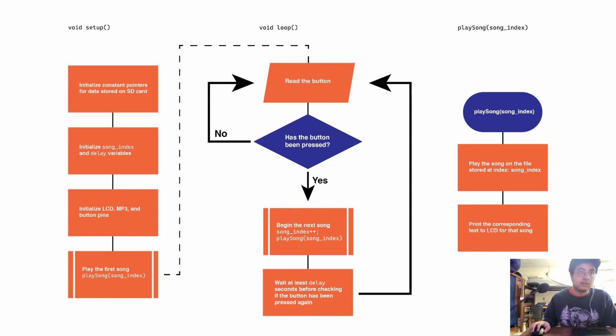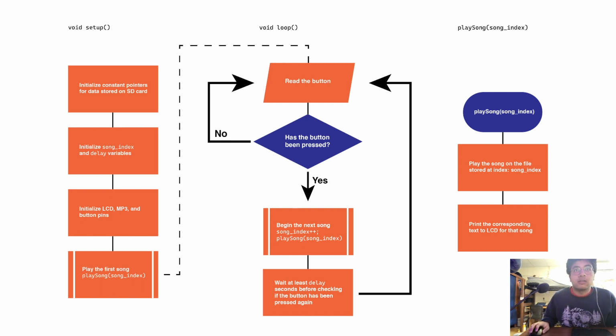This is because if there's no delay, what will happen is if you press the button, it'll constantly change the song every time the Arduino is refreshing. So you won't really have any control over how fast you're going.